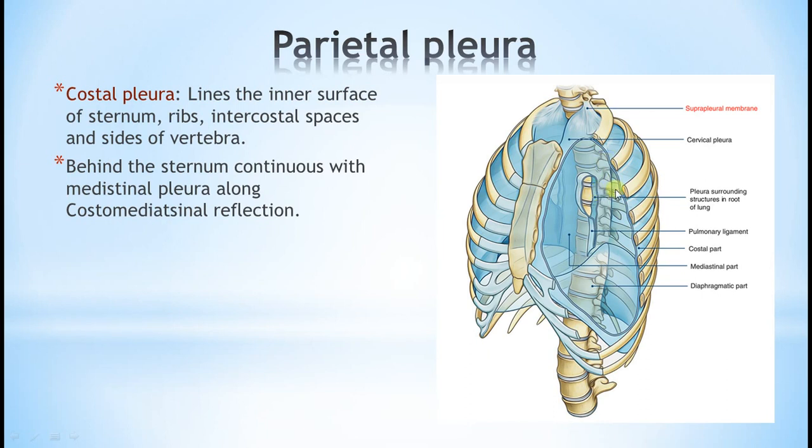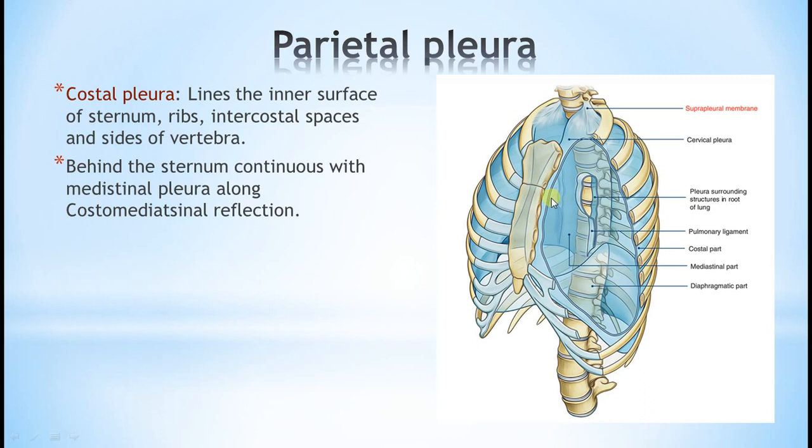The place where posteriorly the costal pleura continues as the mediastinal pleura is called the costovertebral line of reflection. Same way, behind the sternum, where the costal pleura becomes continuous with the mediastinal pleura, is called the costomediastinal line of pleural reflection.